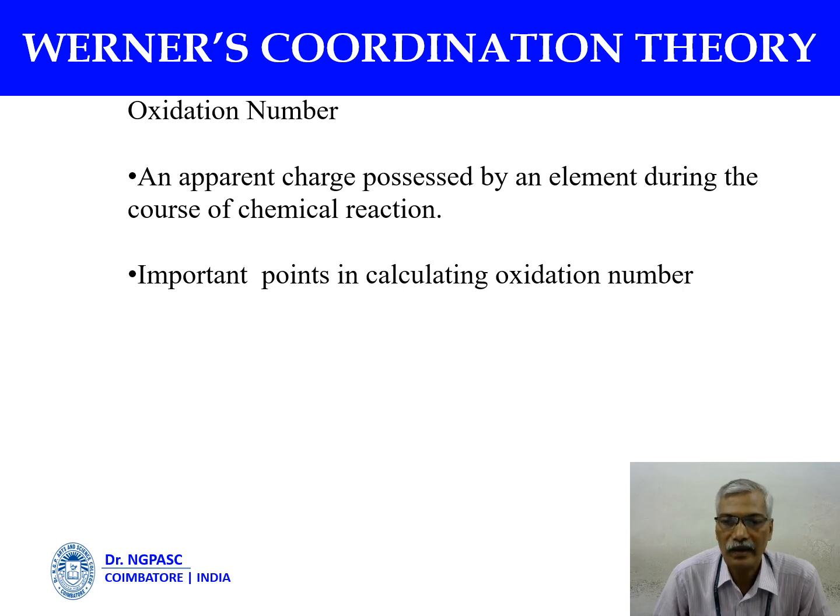Ionic bonding is formed between elements by the complete transfer of electrons, thereby ions are produced and the electrostatic force of attraction holds the two atoms together. This is how the elements are held in a molecule. And following that, oxidation number.